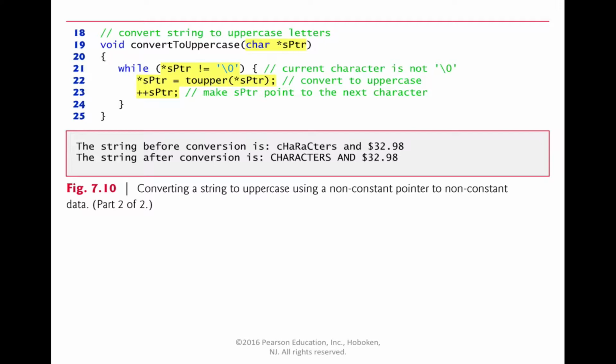Remember to dereference your pointers here. We are interested in the values, not in the addresses. And then to move on to the next character, we're simply going to increment the address of the pointer.